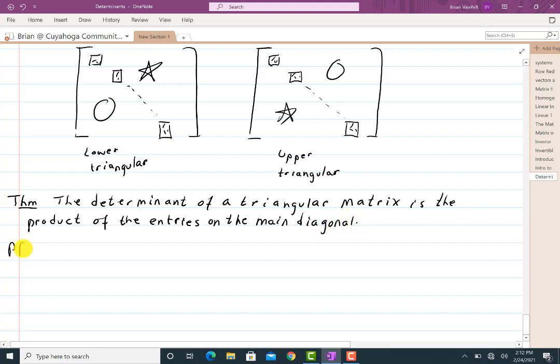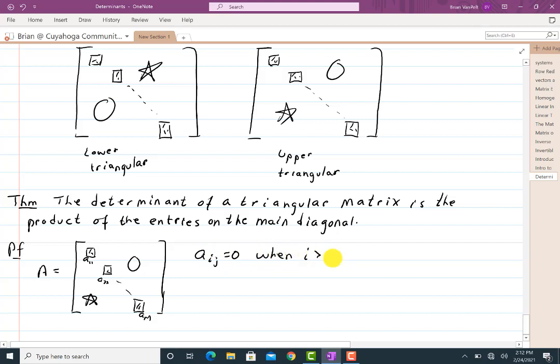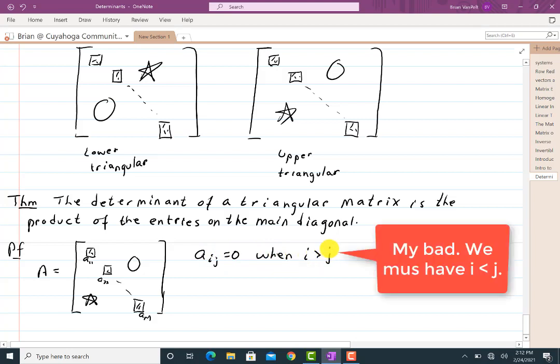So for the proof, I think we'll work a matrix that happens to have the non-zero stuff below the main diagonal. Suppose we have something like this. And each of these is like the A11, A22, ANN positions. We have a star below and a 0 above. It really doesn't matter. We know that Aij equals 0 when i is greater than j. That's where we get the 0 up top there.